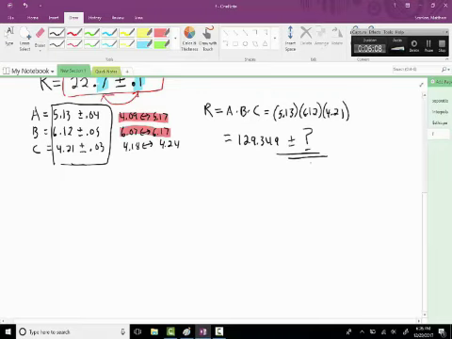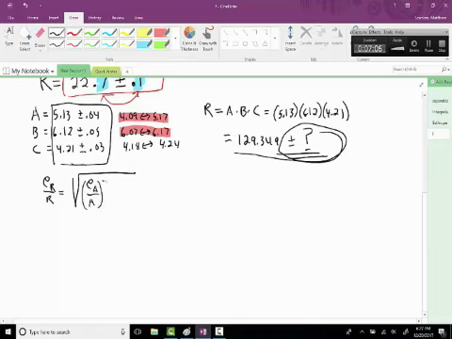I want to know that range, the error. The equation is the error in R divided by R is equal to the square root of the error in A divided by A squared, look familiar, plus the error in B divided by B squared, plus the error in C divided by C squared. So this is what you do for multiplication and division. Doesn't matter at all whether you divide or multiply. This is how you do it.